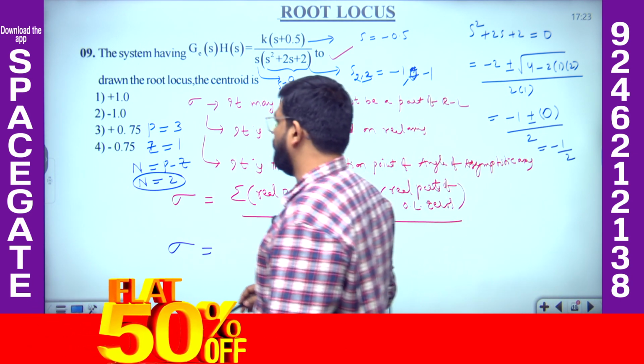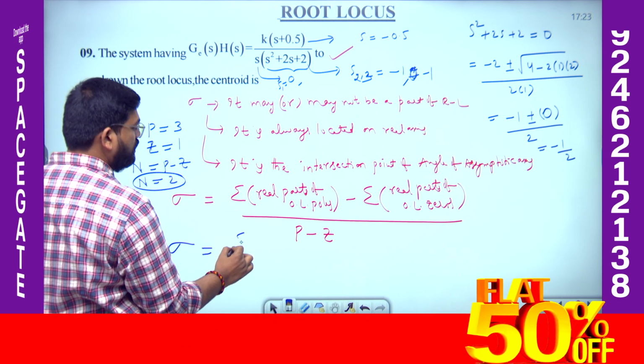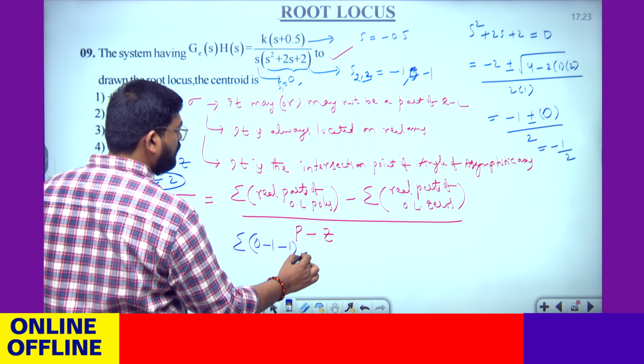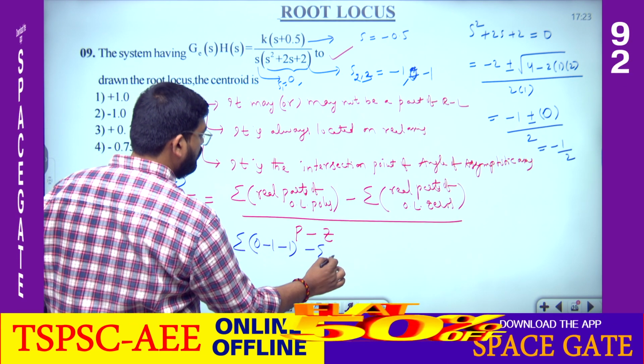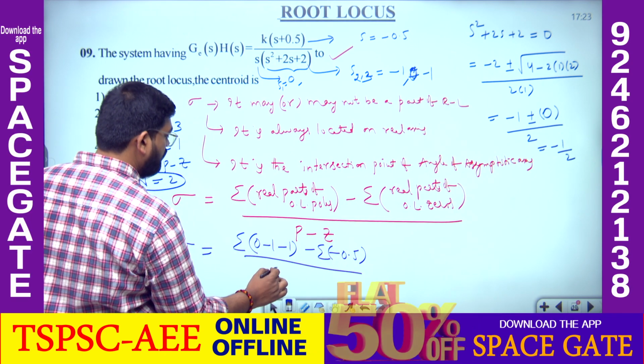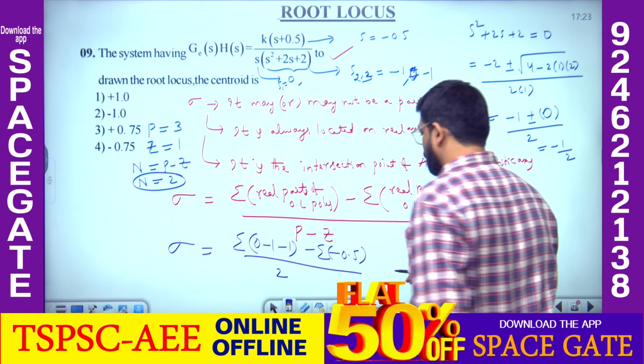So anyway, how we take the real parts of poles: here 0, minus 1, and minus 1, and the sum of only zeros is minus 0.5, divided by 3 minus 1 means 2. So further if you simplify, what we will get?